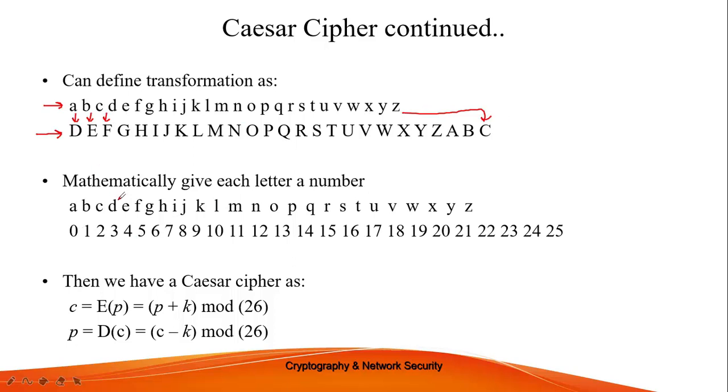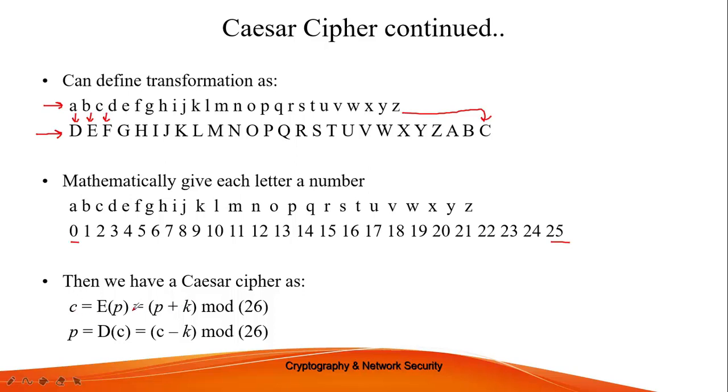Mathematically, we can also give each letter a number from 0 to 25, which makes the process of encrypting our plain text simpler, and we can write it mathematically.